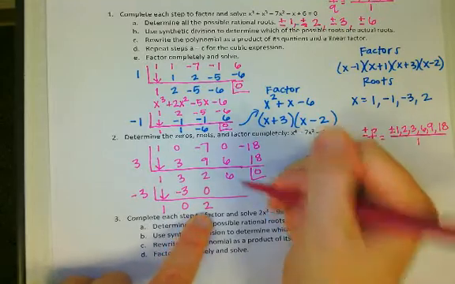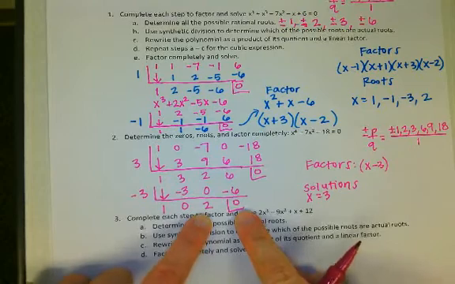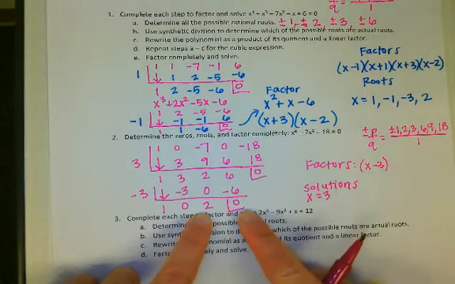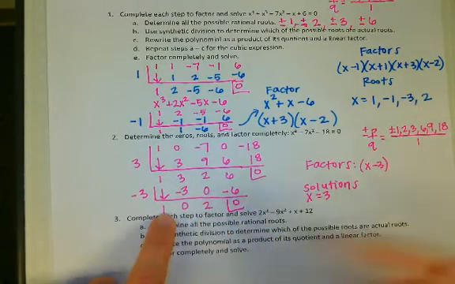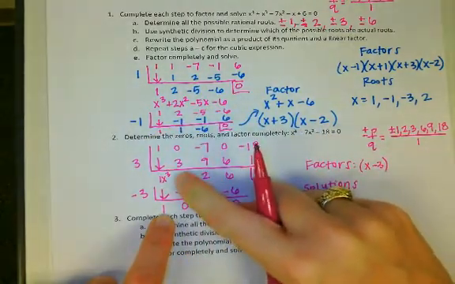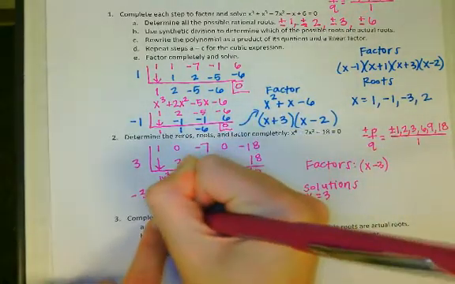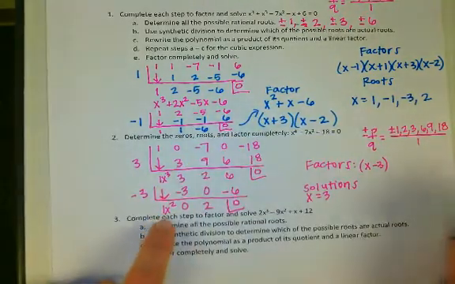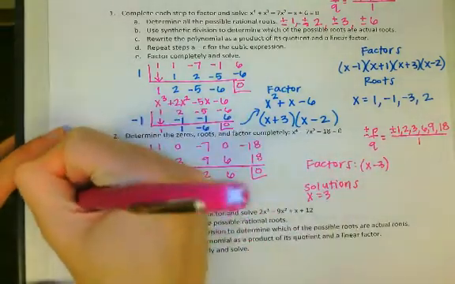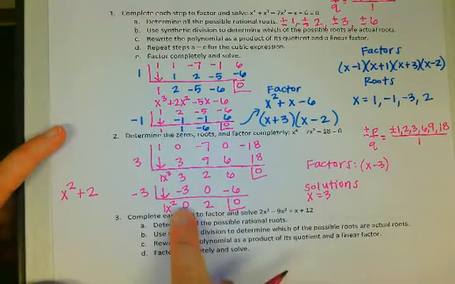Ooh, and negative 3 times 2 is negative 6, creating another remainder of 0. So let's see what we're left with. This here was 1x cubed once we divided 1 time. So now the degree has lowered again, and I'm left with x squared plus 2. No x term.